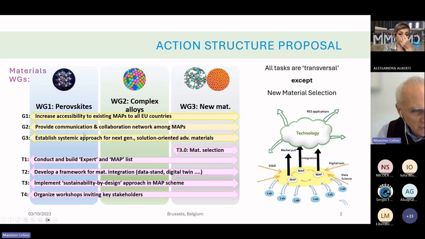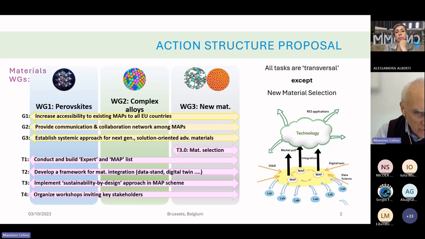G2 is for communication and collaboration in this large network, and so on and so forth. There are workshops, conferences, and schools that are organized and paid by the COST action.